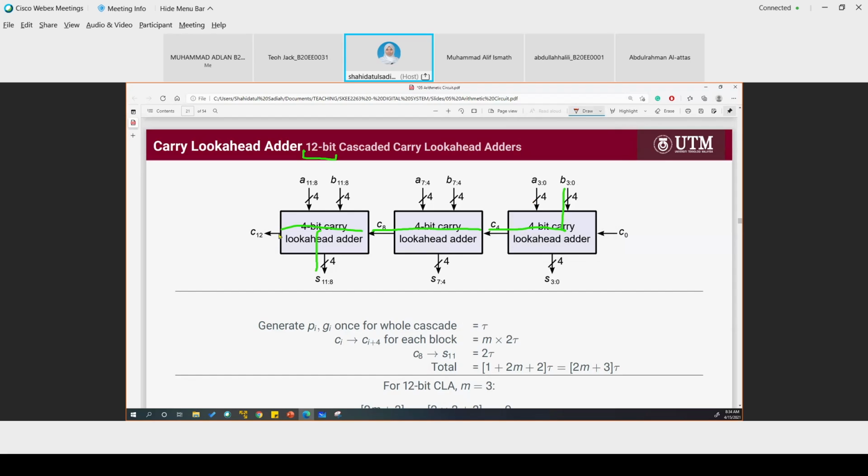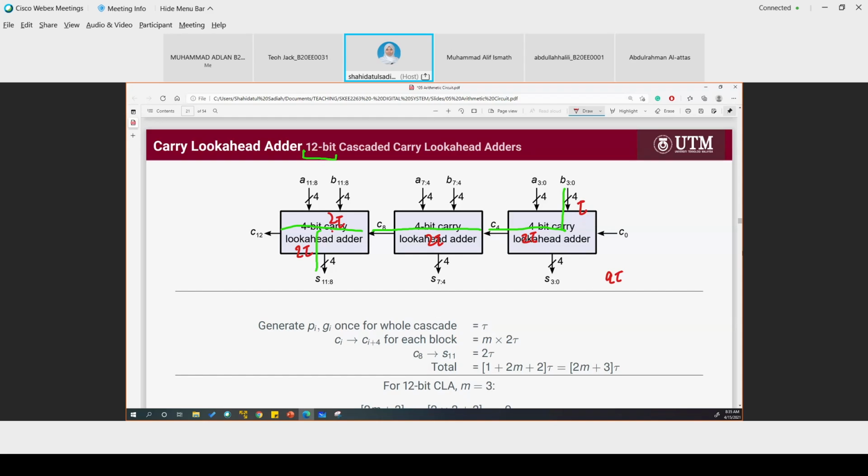So the delay is here. Here is tau, and then one block is taking 2 tau for the 2 level SOP part, and then another 2 tau here, another 2 tau here, and the last one we have to go through 1 XOR, so it is 9 tau.